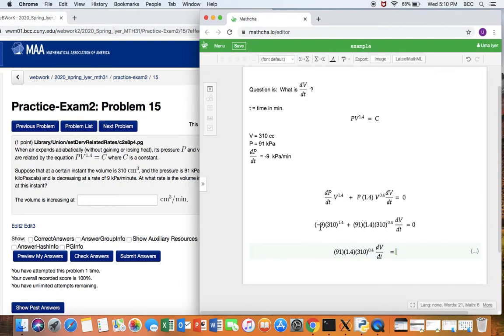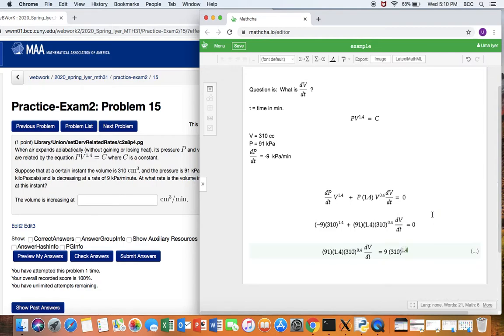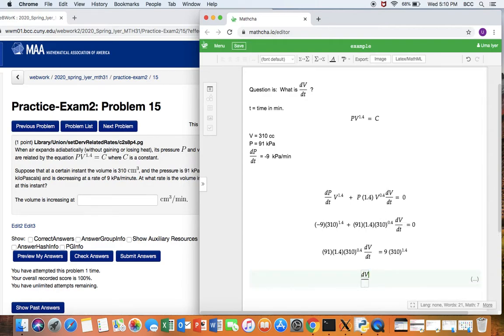Mind you, because this is negative 9, on the other side, you become 9 times 310 power 1.4. All right. So far so good. Now what else? I want to solve for dV/dt. So dV/dt equals, I have this over this.